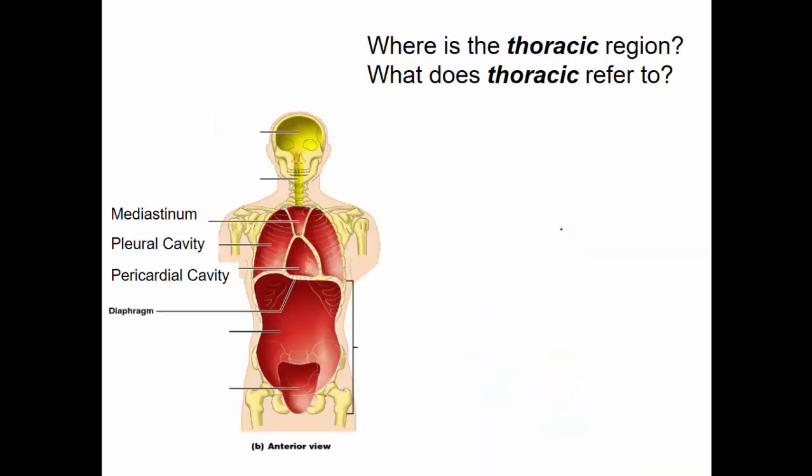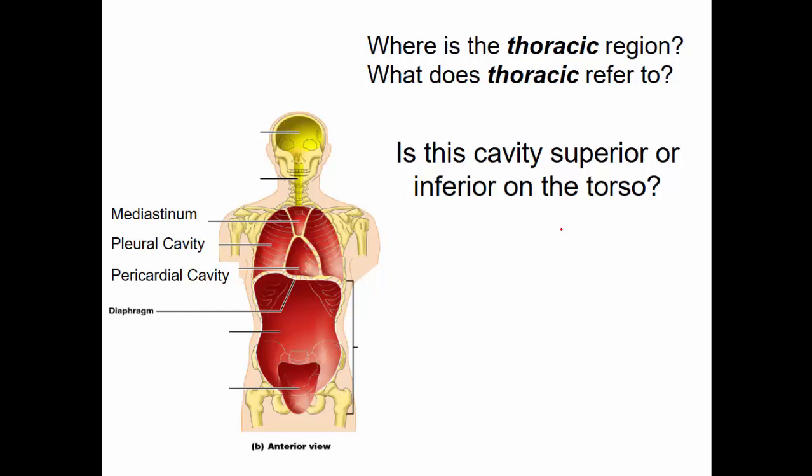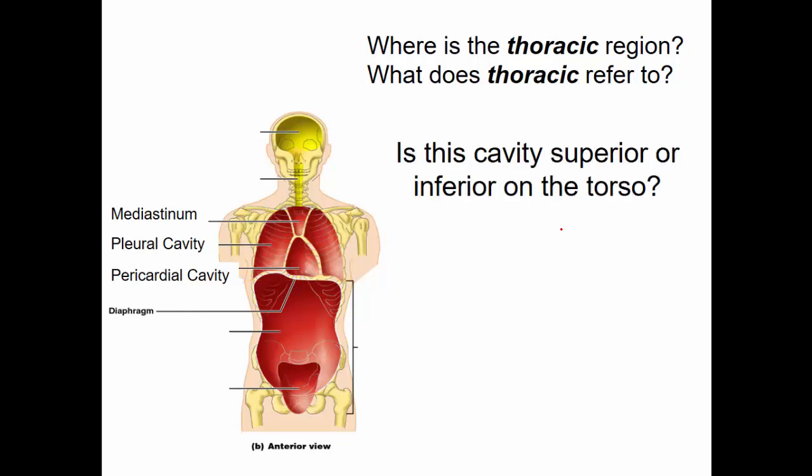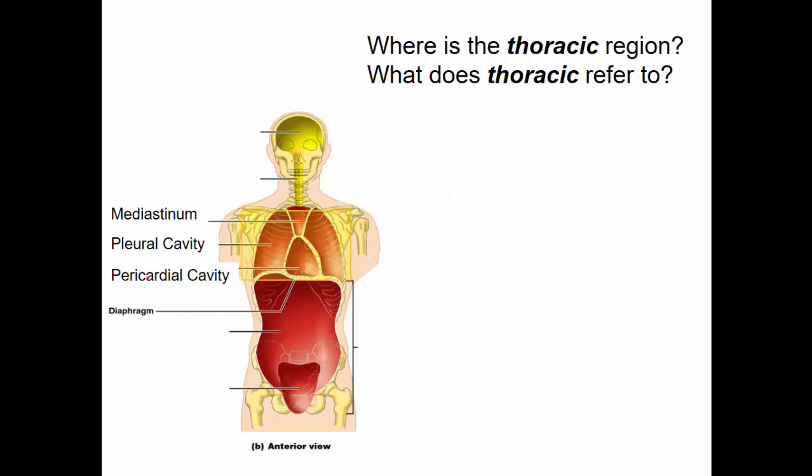So let's talk first about the thoracic body cavity, that subcavity within the ventral body cavity. We know that thoracic was a regional term, and thoracic referred to the chest. The chest is superior on the torso, and we will use the diaphragm as the boundary between the thoracic body cavity and the abdominal pelvic body cavity.